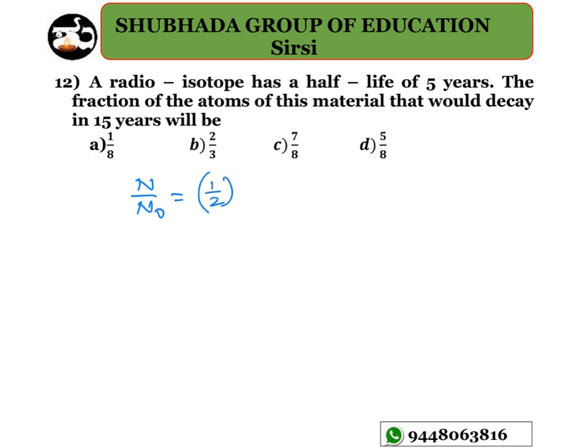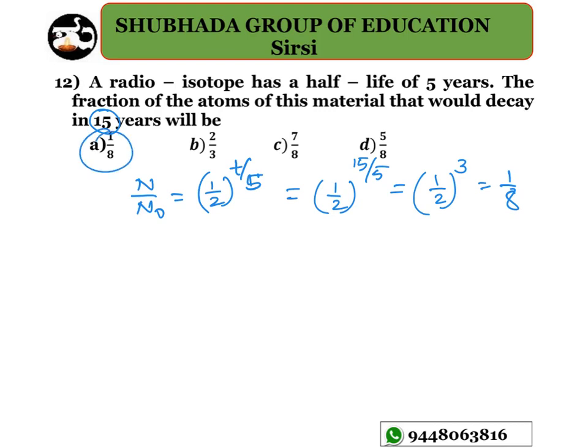Now t is 15 years and T half is 5 years, correct? So it is 1 by 2 to the power of 15 divided by 5, that is 1 by 2 to the power of 3, that is 1 by 8. So 1 by 8 is the right answer for this question.